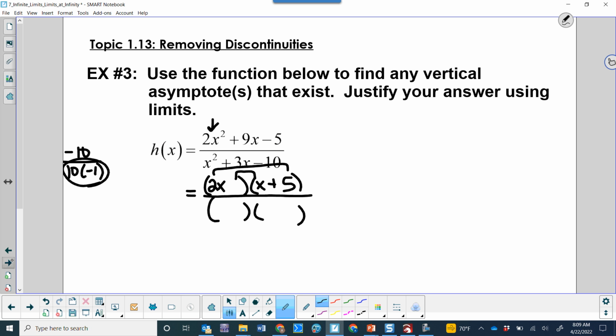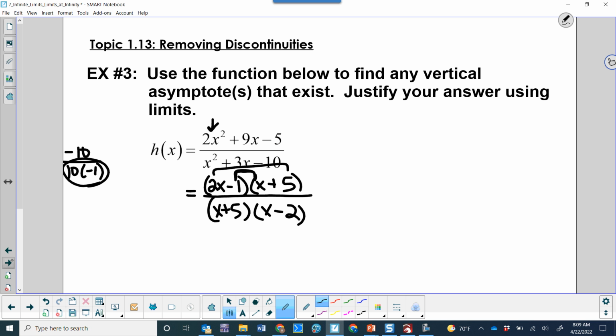So there's my 10, and then here is a 1. This in front of the x is a 1, and I need to make a -1, so 1 times -1. So that's just a quick review of factoring. You need to continue to work on that. The bottom one factors much quicker because a is 1. You just need to find those factors.